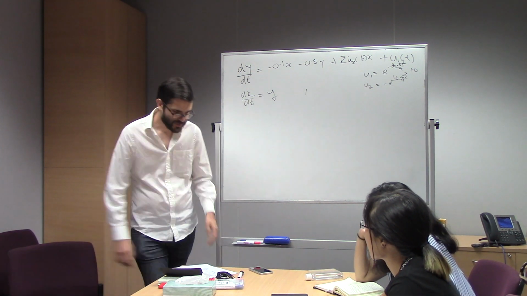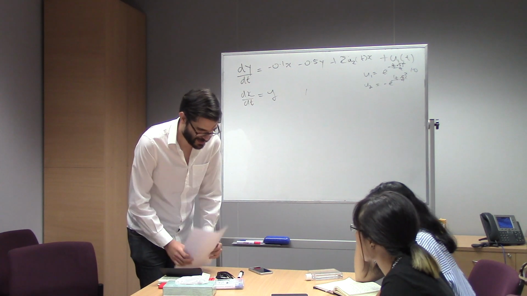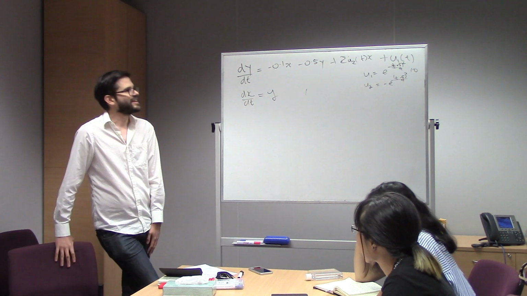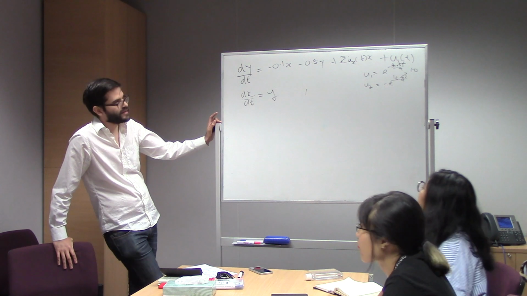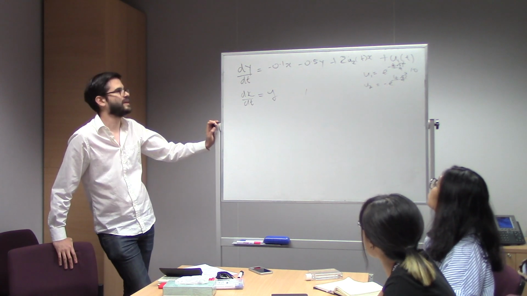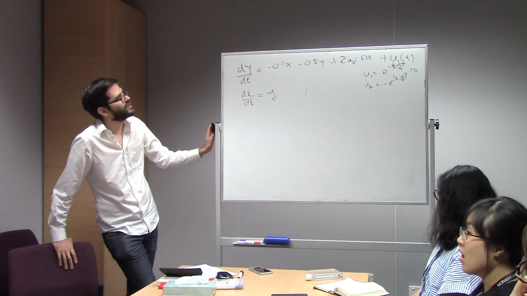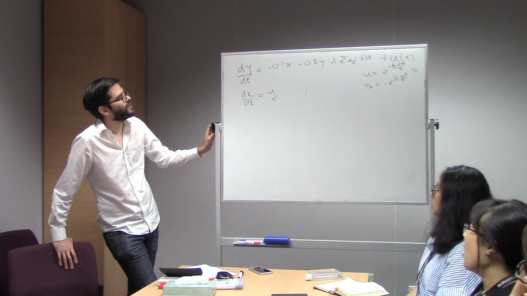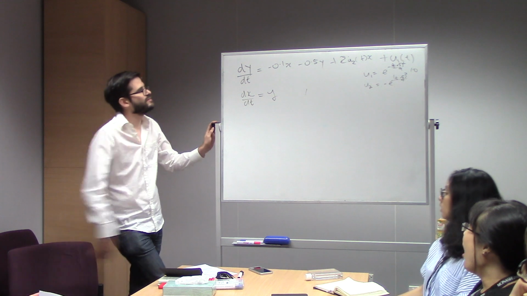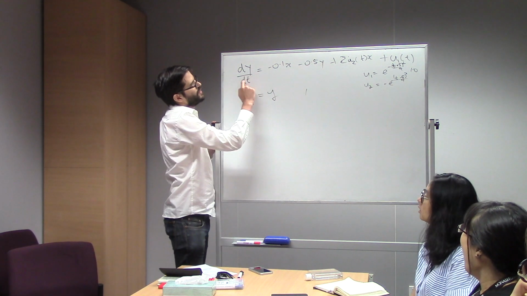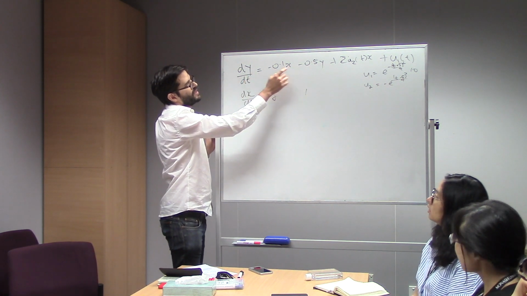Okay, so let's talk about the homework from last week. Let's remind ourselves, we had this frog-mosquito system, where Y is the mosquito and X is the frog. We had the frogs eating the mosquitoes, given by this term here, and the mosquitoes also dying, given by that term there.